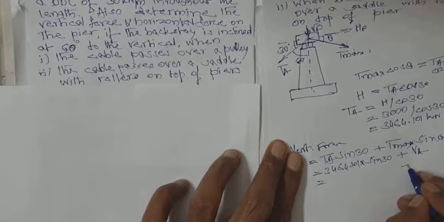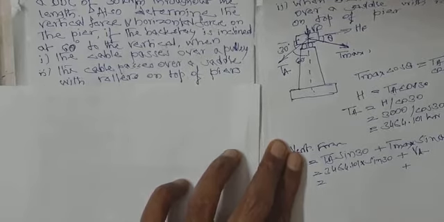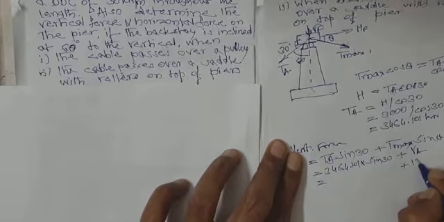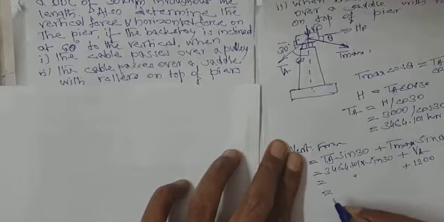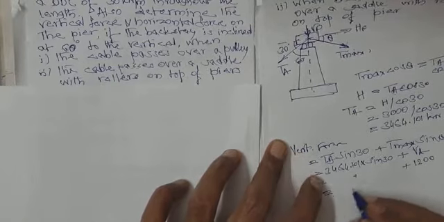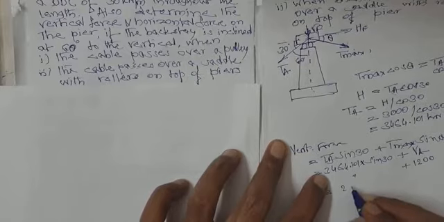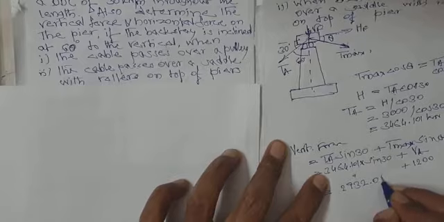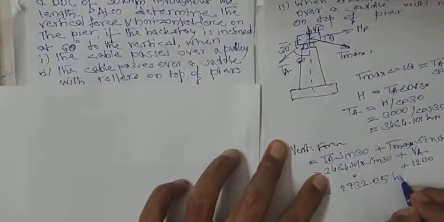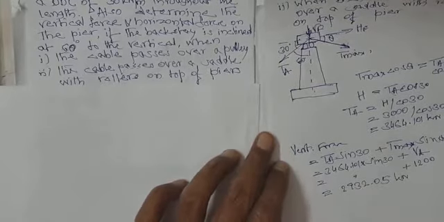So VA is what here? VA already calculated, that is 1200. This will be the same. If you simplify this, you are going to get this net vertical force as 2932.05 kilonewton. Okay, this is the vertical force.